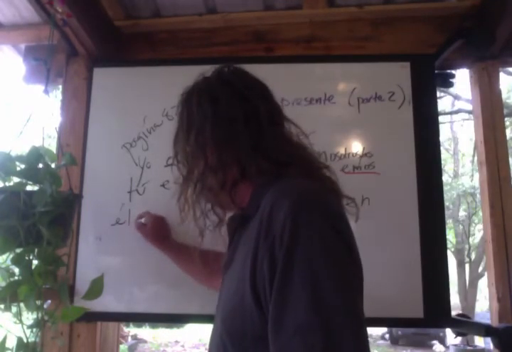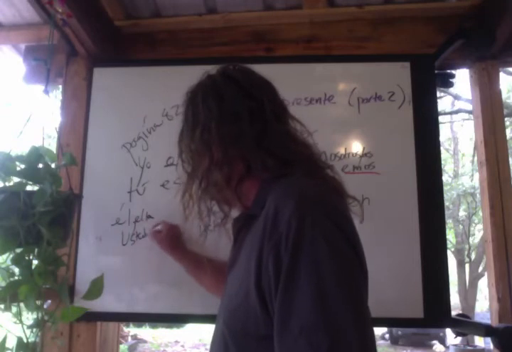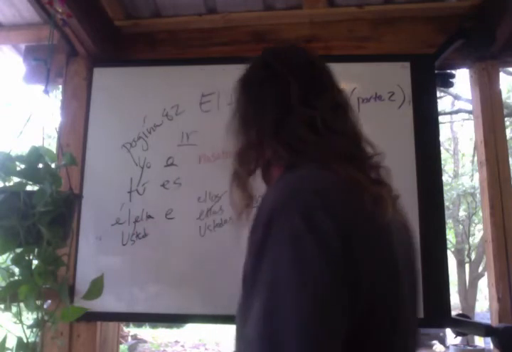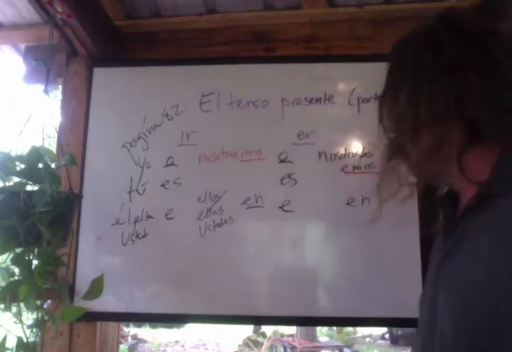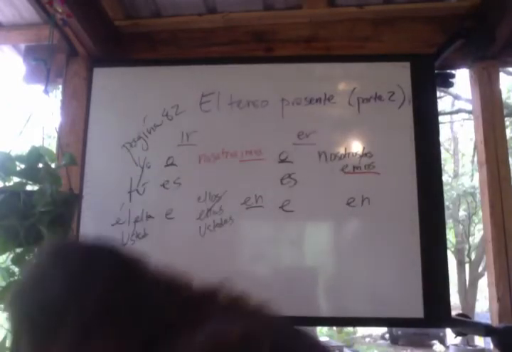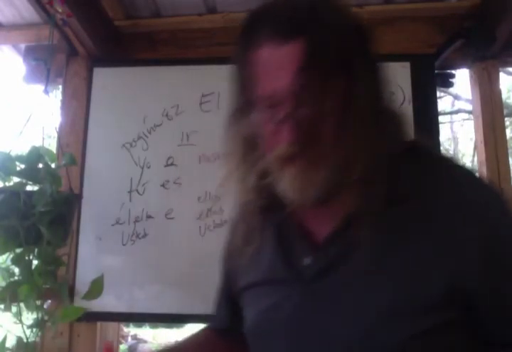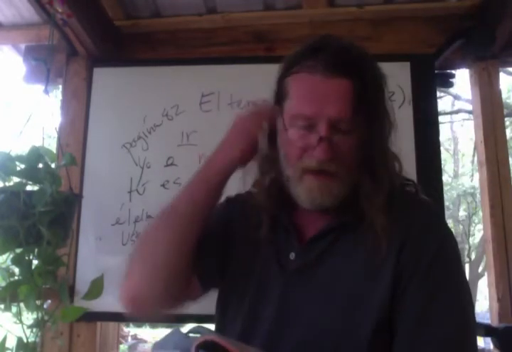For él, o ella, o usted, it's an E. So it's the letter E, but pronounced E. So let's do a couple of these verbs. You repeat them with me. We'll go maybe in order. Okay, so we're going to start with abrir on page 82.